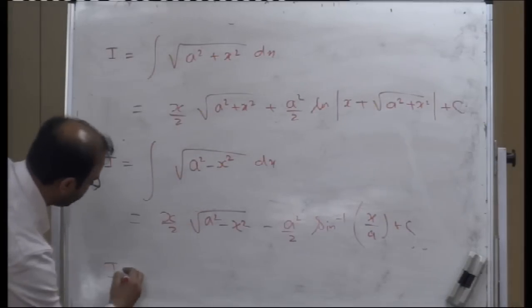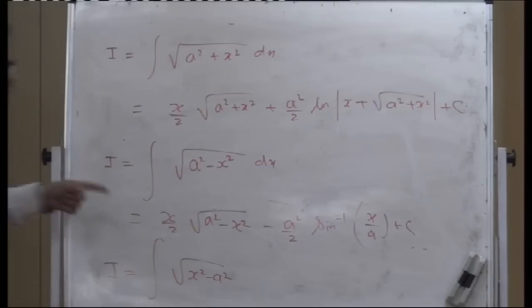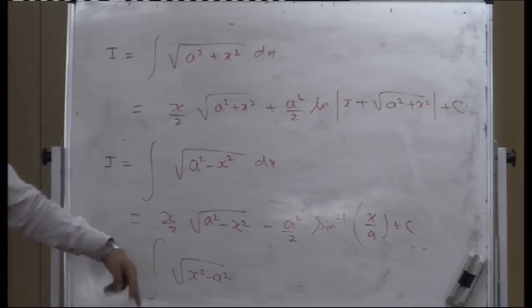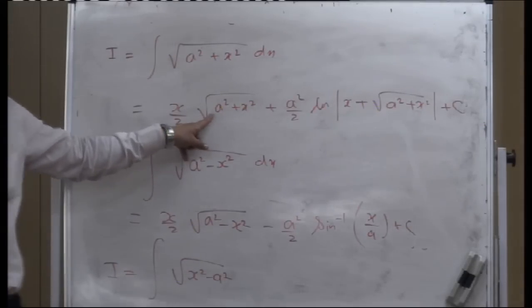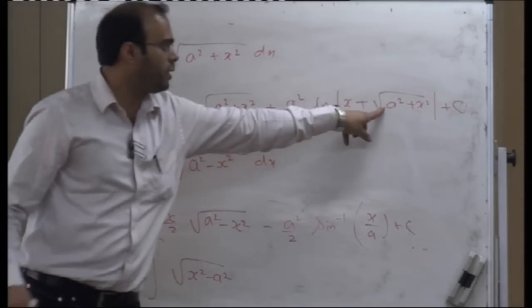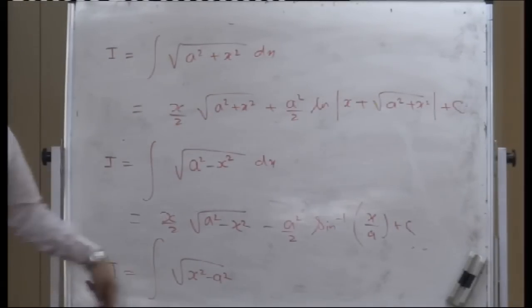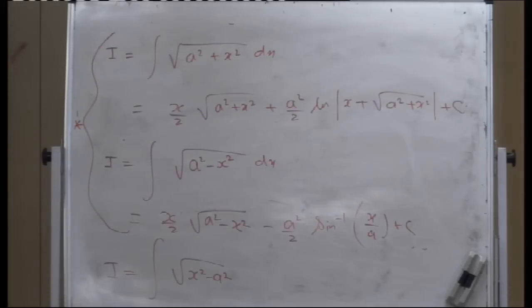One more formula is there, root over x square minus a square. Again, this formula doesn't make sense separately, because simply you will put minus a square here, minus a square here, and minus a square here. So generally in books you will find these three formulas, but you can remember them as two formulas. Those two formulas can also be remembered as one formula. Fine.